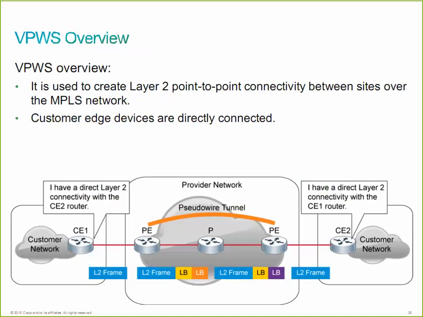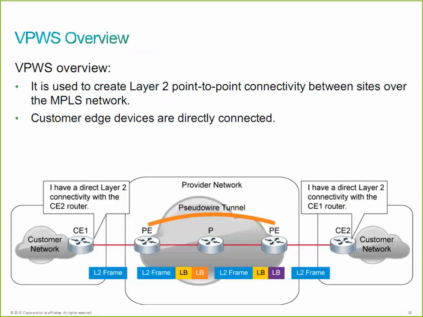So when we're dealing with VPWS, a lot of the things that we talked about previously don't exist anymore because the service provider is not participating in the routing of the customer's traffic. The routers themselves have a direct peering relationship using an IGP. All right?